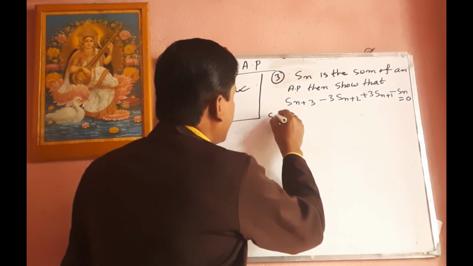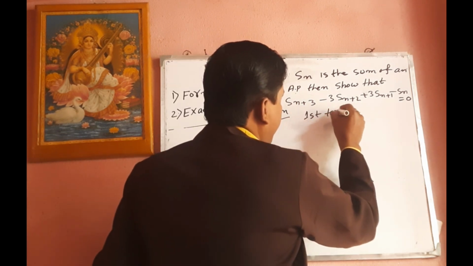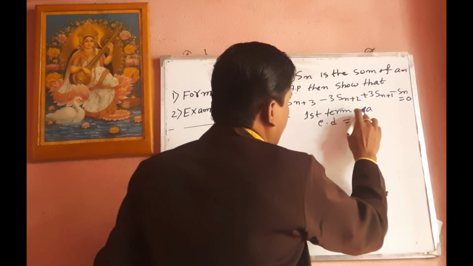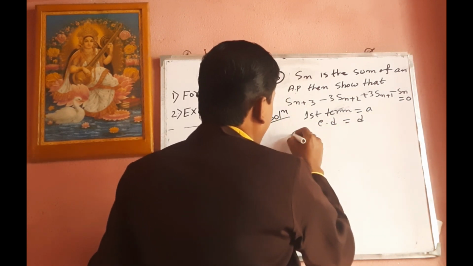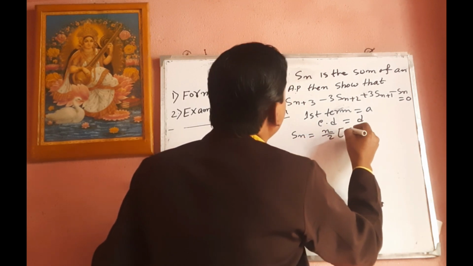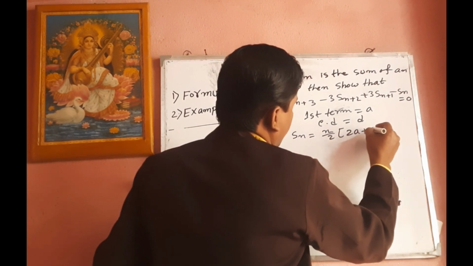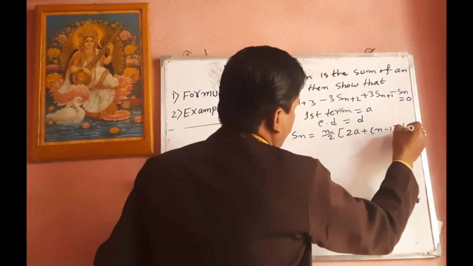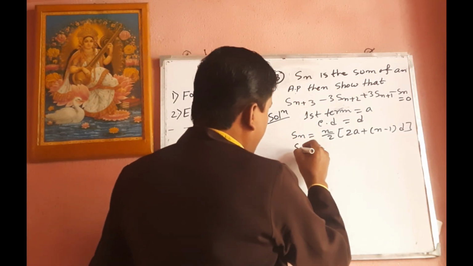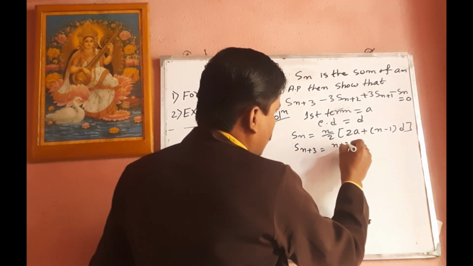Now according to the given information, suppose the first term is a and the common difference is d, then Sn is equal to n by 2 times (2a plus (n minus 1) into d). Now replacing n by n plus 3, we get this.